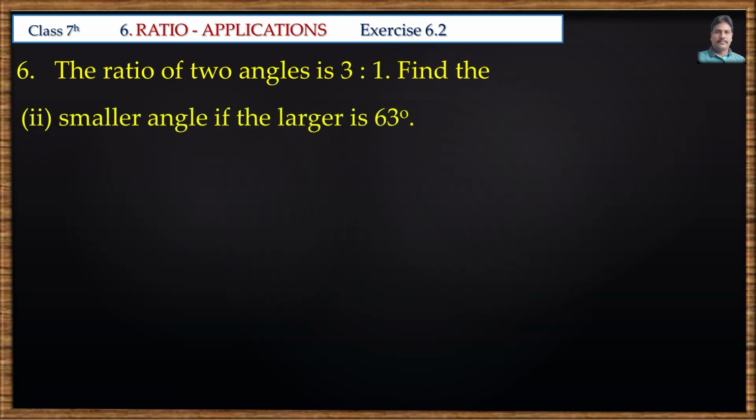Second bit. Find the smaller angle if the larger is 63 degrees. Let us solve this one. Given the larger angle is equal to 63 degrees. Let the smaller angle be x.